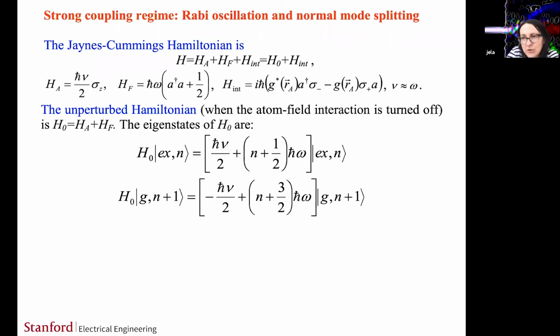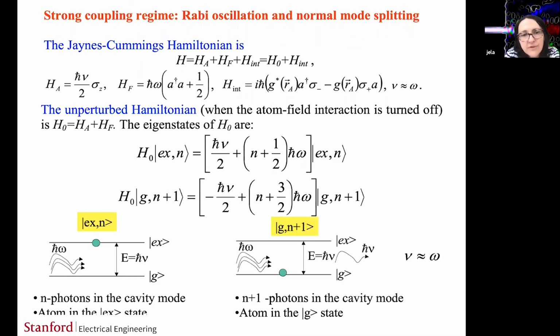It can only go into the state G, n plus 1 because the atom is resonant with the field. So I don't really need to worry about anything other than these two energy eigenstates. Does that make sense? But any combination of Ex, G, and n is an eigenstate of the system.